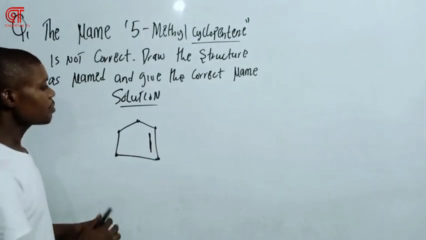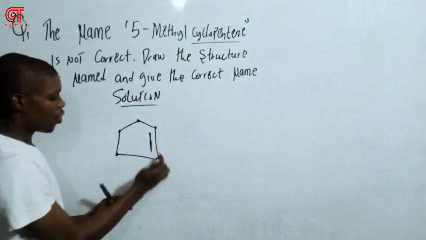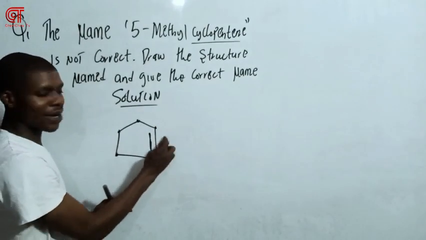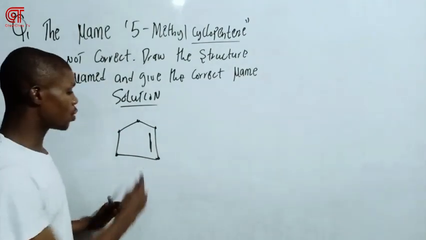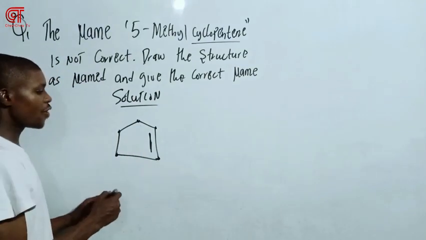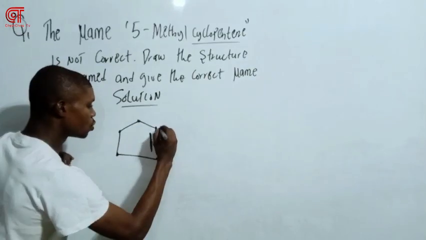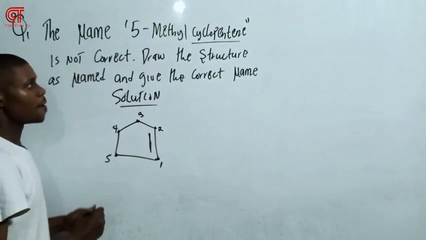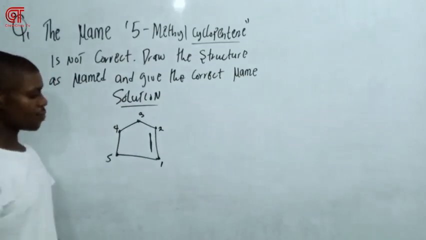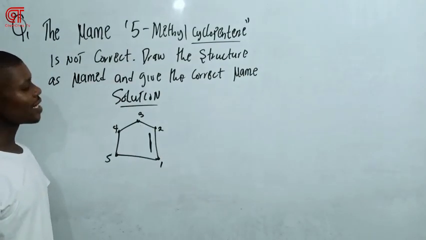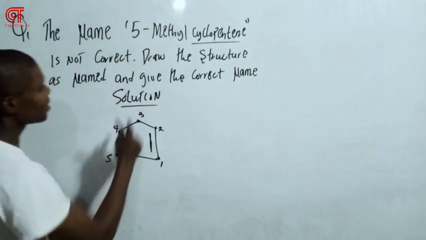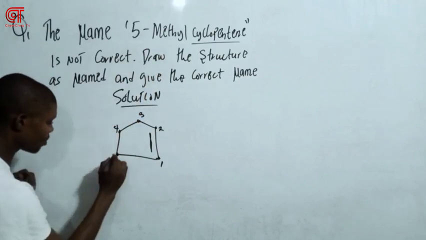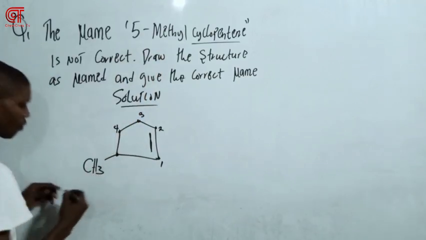Remember, either here or here can be carbon 1, because these are the two points of the functional group, the double bond. So if I start here, it is 1, 2, 3, 4, 5. Methyl is on carbon number 5, so you bring the methyl here and put it on carbon 5.